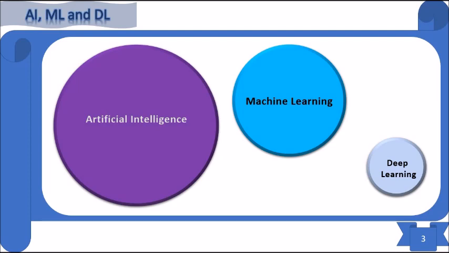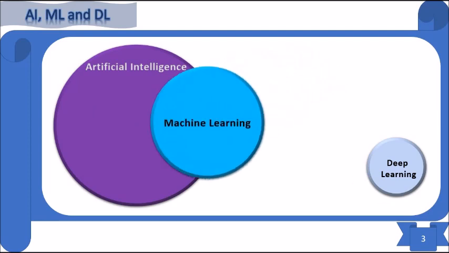Artificial intelligence tries to make your computer intelligent in order to mimic the cognitive functions of the human brain. It is a general field with a broad scope which includes computer vision, language processing, creativity, and summarization. So, now what is machine learning?